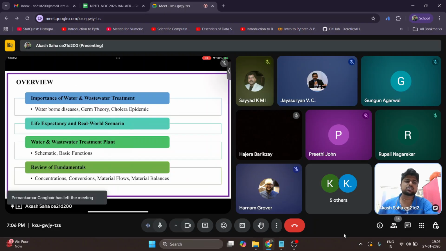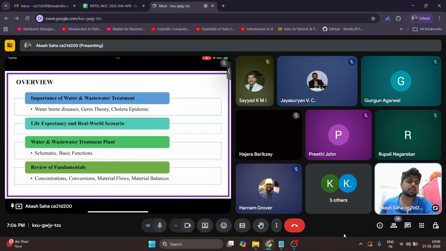This course is divided into water treatment and wastewater treatment. We'll start with the water treatment first, and no, we will start with the wastewater treatment first, and then we will move to the water treatment.